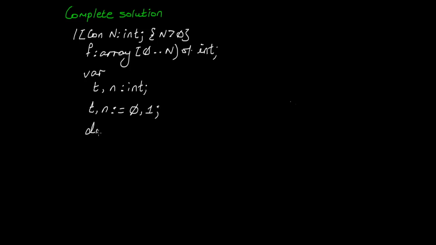And then we have our loop, so we say do n not equal to N, and we have our if statement. If f.t is greater than or equal to f.n, then we skip.